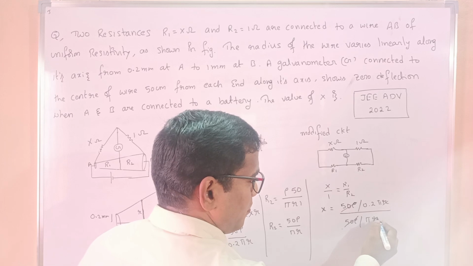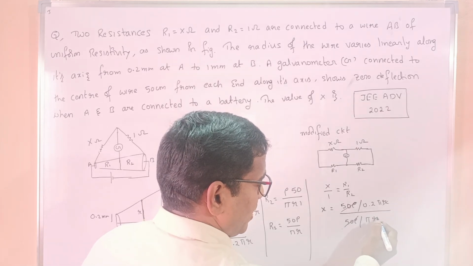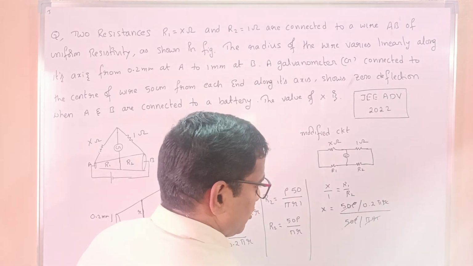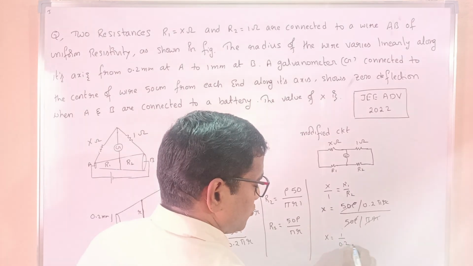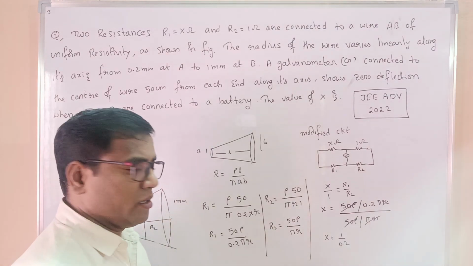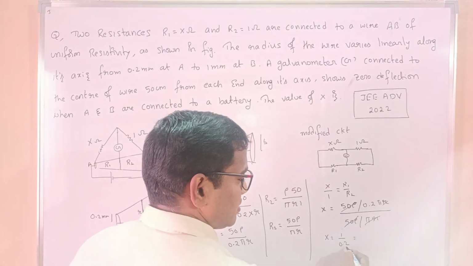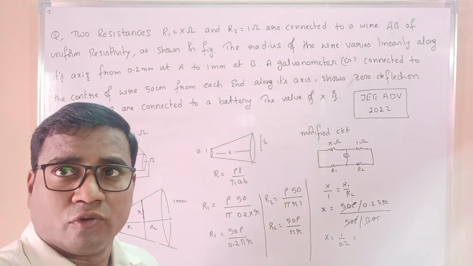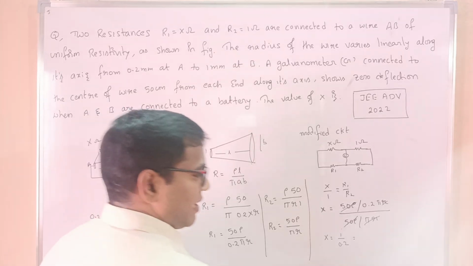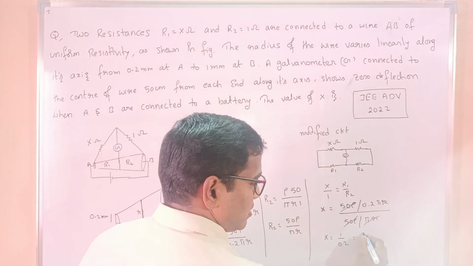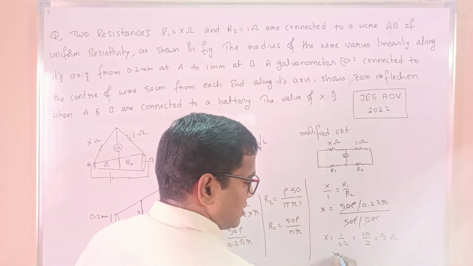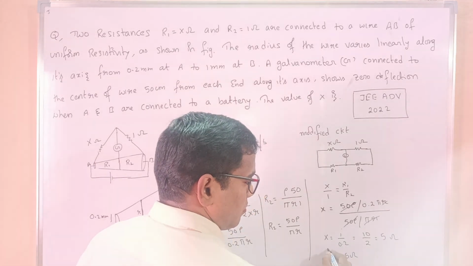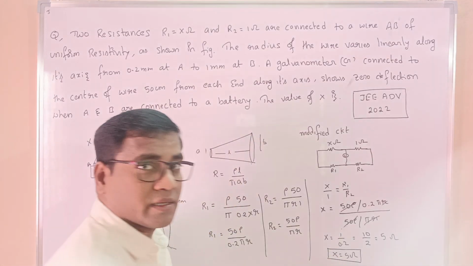So X is equal to 1 upon 0.2, which is 10 by 2, equal to 5 ohm. So X is equal to 5 ohm. This will be the answer.